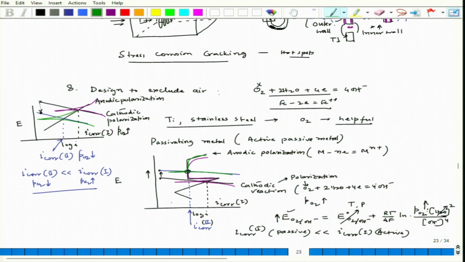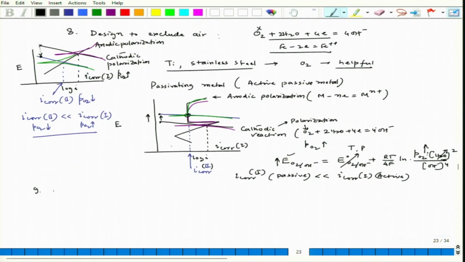So, this will be the pattern of polarization behavior, right. So, now excluding air would be helpful in case of active metal, but having little air or oxygen can be helpful for active passive metal.